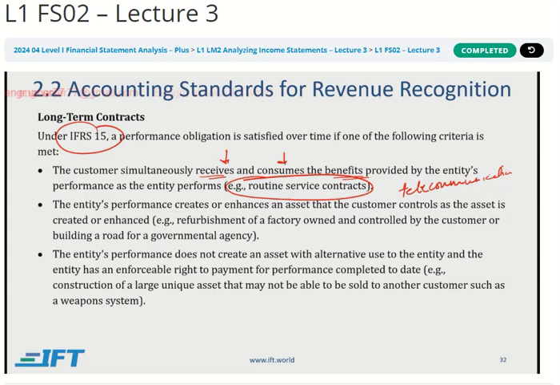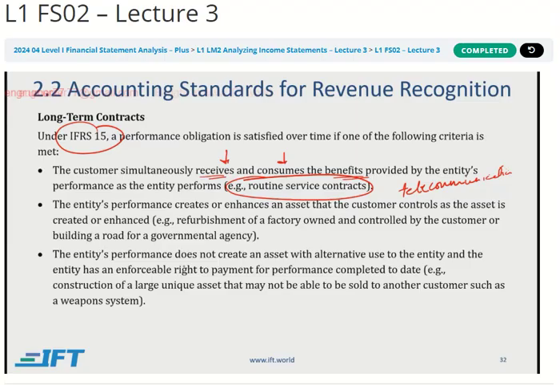So these types of products and services are going to be spread across the contract period because it is an ongoing sort of performance obligation. And as the performance obligation is completed on a continuous basis, the revenue is recognized. It's not like you can just create something and hand it over, right?